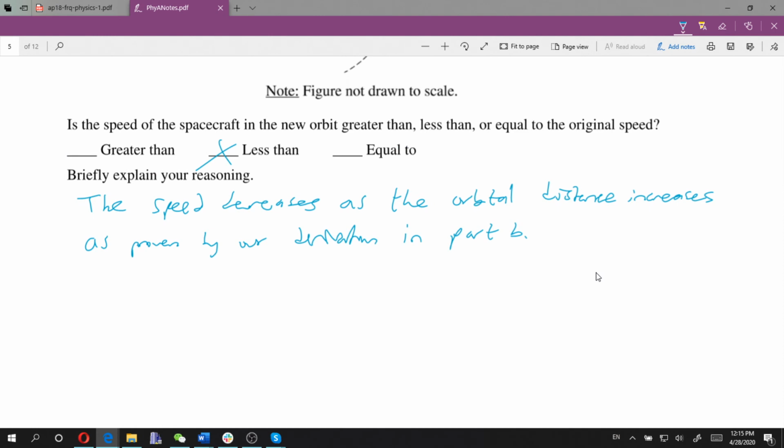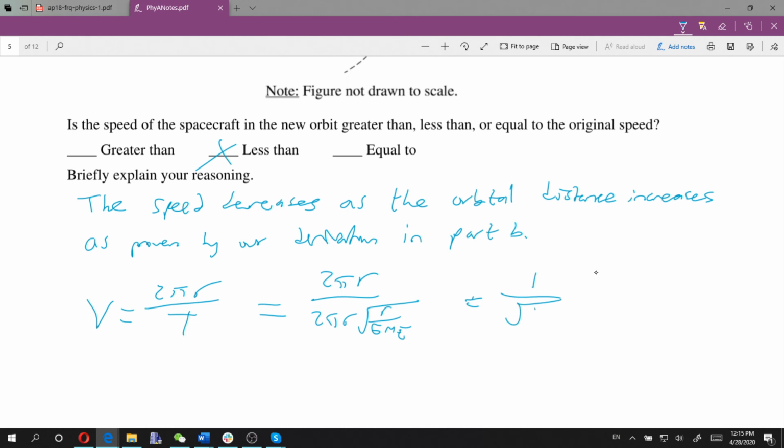I would probably add this: V equals 2 pi r over T, and then 2 pi r over 2 pi r root r over GM E equals 1 over square root of r over GM E, and therefore the velocity is inversely proportional to the square root of the radius. Yep, just to be safe.